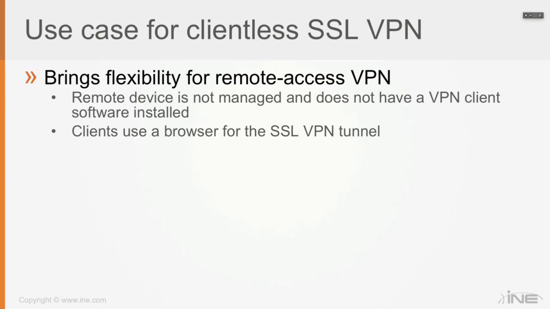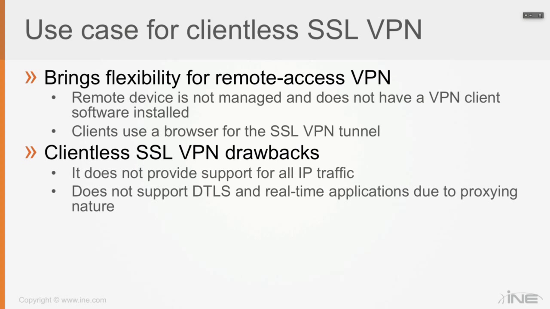Because the browsers, as we know, when we browse our webmail accounts or whatever protected HTTPS sessions, the user is going to make use of a browser to fire up an SSL VPN tunnel with the ASA in clientless mode because it doesn't have a client installed.